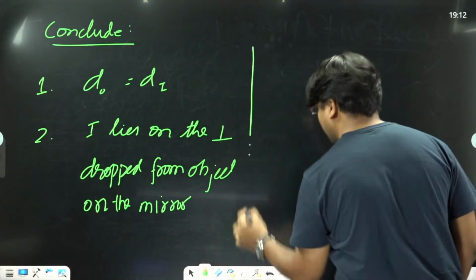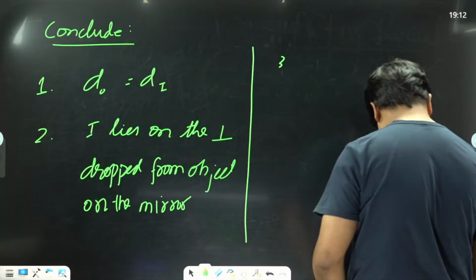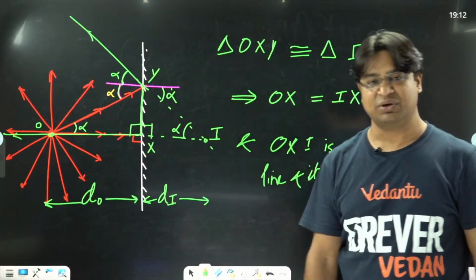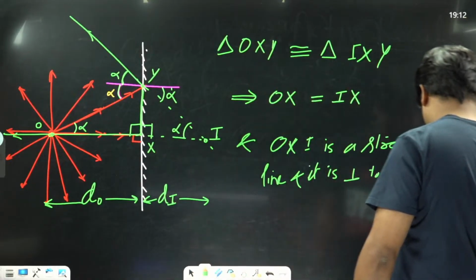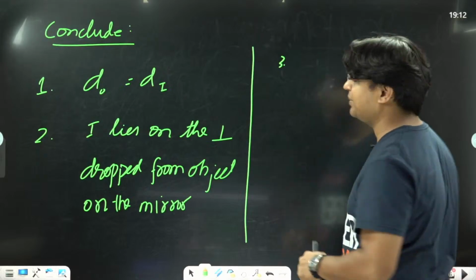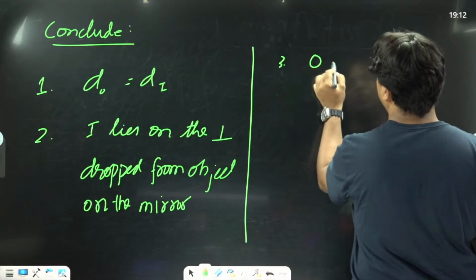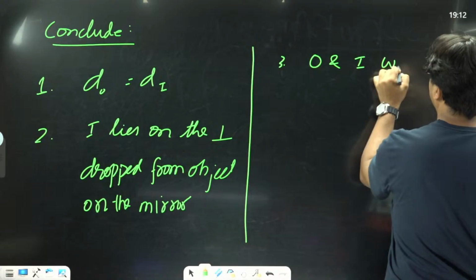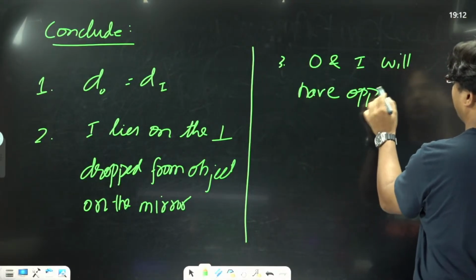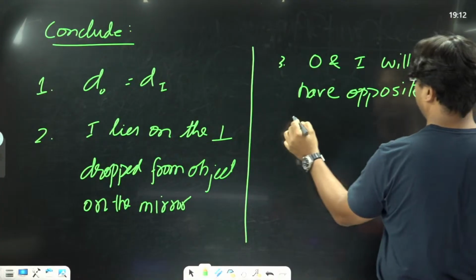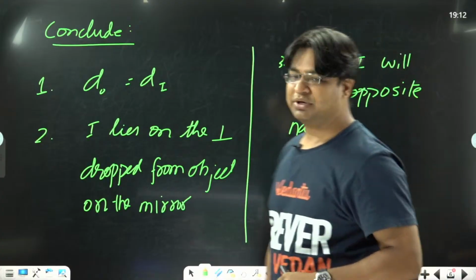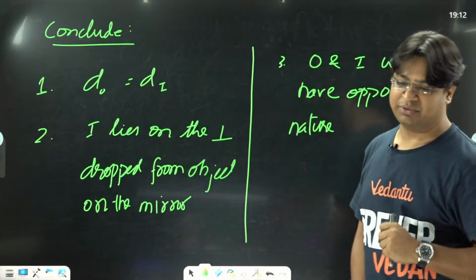And a third point that you can see is that in this figure, the object is real and the image is virtual. Or you can make a rule that the image formed by a plane mirror will have the opposite nature as compared to the object. So O and I will have opposite nature. And this is for plane mirrors, I'm saying, not for any other mirror. These are the things that you have to keep in mind.